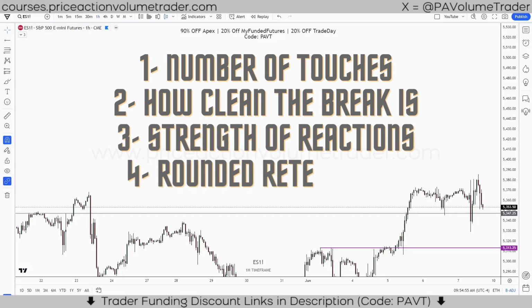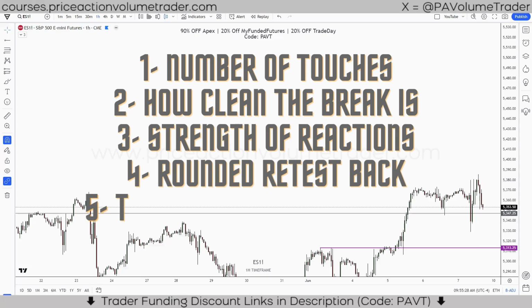Fourth, we want to see a nice rounded retest with some time in between back into that level, because as we're going to talk about, if we see a level that gets touched and then the market comes right back to it really fast, that's what we could consider a V reversal, meaning there's a lot of momentum coming right back. So there's a chance that we might not get another good reaction from the other side.